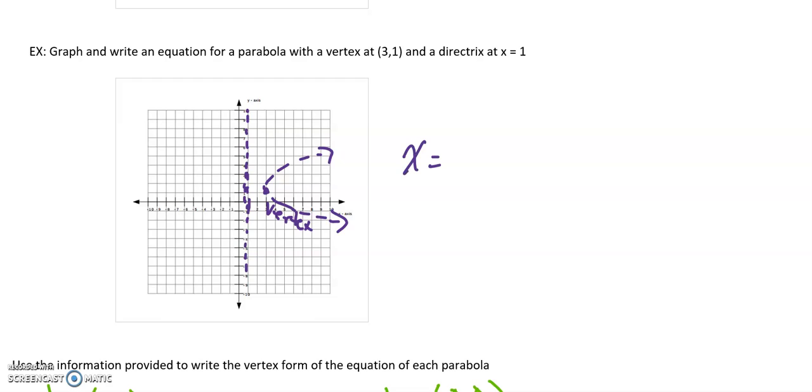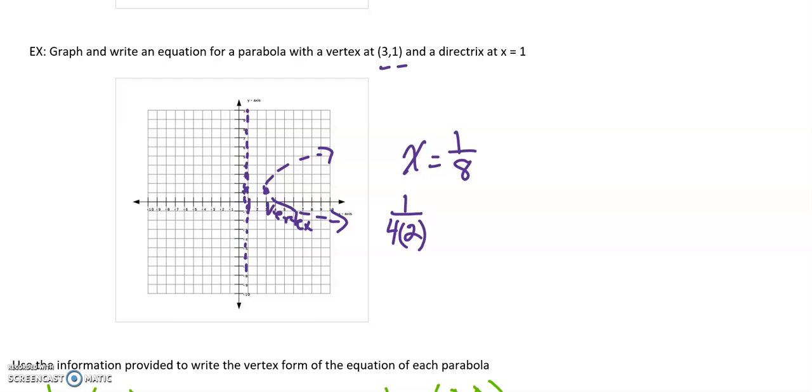So let's look at our distance. 1 over 4c from the directrix to the focus, the vertex is 2 units. So our a term is 1 over 8. Our vertex, remember, is 3 and 1.